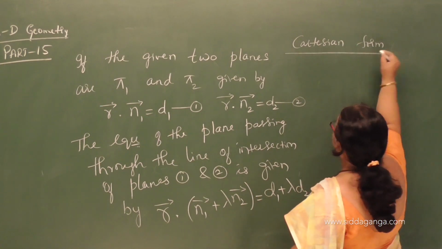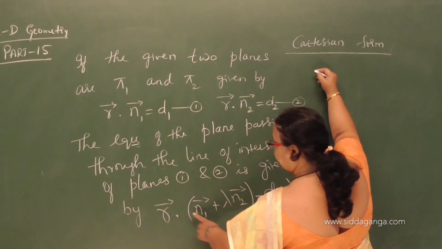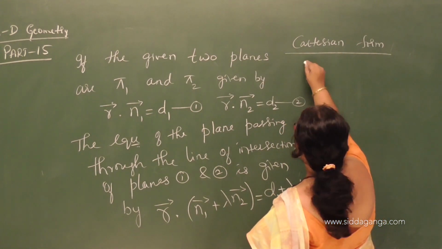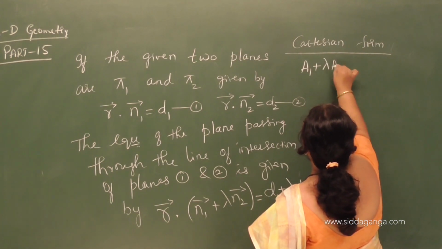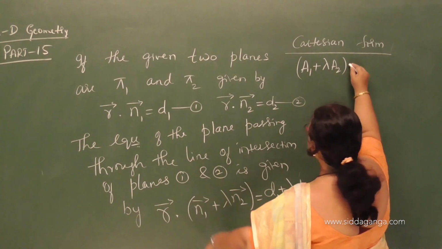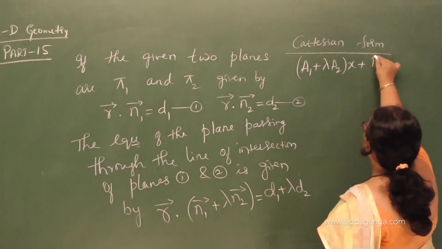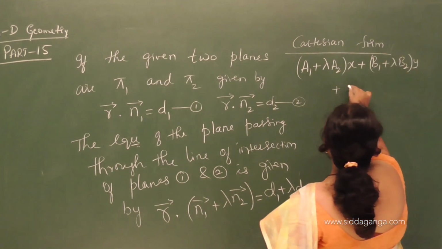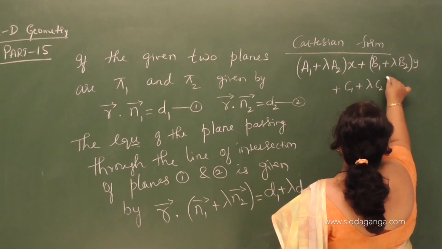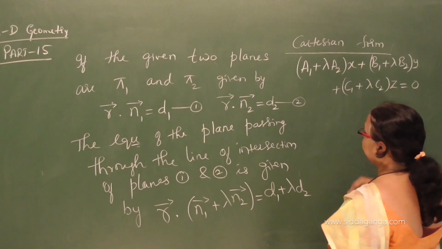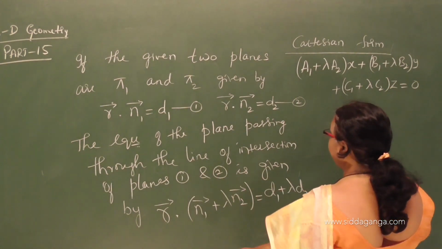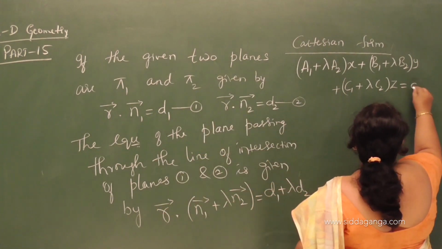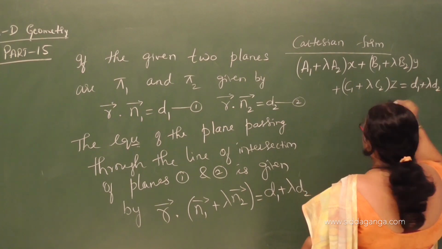In the Cartesian form, x has the coefficient a1 plus lambda times a2, so a1 plus lambda times a2 into x, plus b1 plus lambda times b2 into y, plus c1 plus lambda times c2 into z, equal to d1 plus lambda times d2.